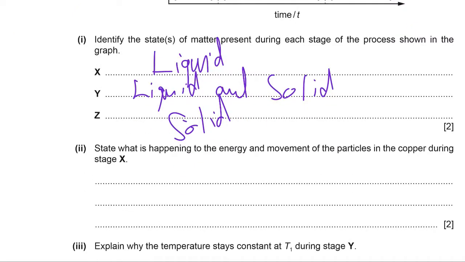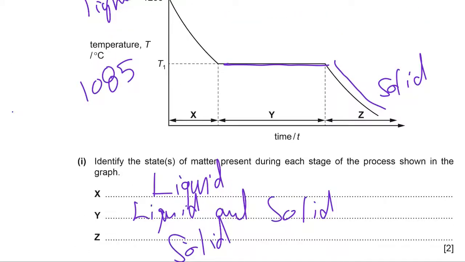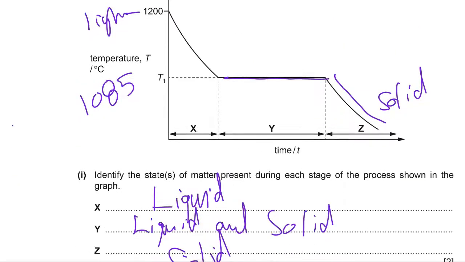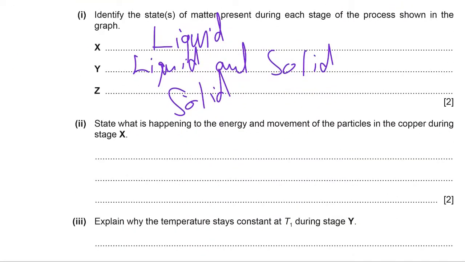State what's happening to the energy and movement of the particles in the copper during stage X. Stage X, you will talk about the energy: high kinetic energy.